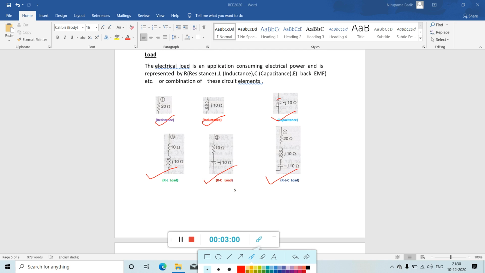This is the representation of the capacitor, this is the representation of the inductor, this is the representation of the resistor, and its unit is ohm. The inductance unit is Henry, represented as capital H, and the capacitance unit is Farad, represented by capital F, and the resistance unit is Ohm.